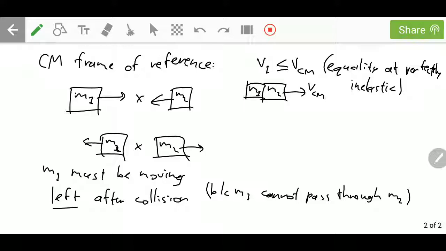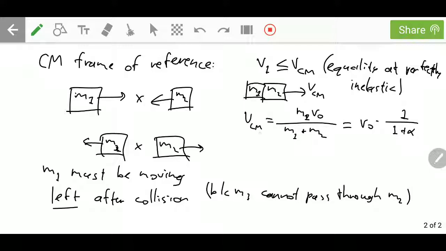because you would have m1 and m2 both moving together at the speed v center of mass. So, what is the center of mass speed? Well, it's equal to the total momentum, so that's m1 v0, divided by m1 plus m2, which is the total mass. m2 is alpha m1, and so we would get v0 times 1 over 1 plus alpha.